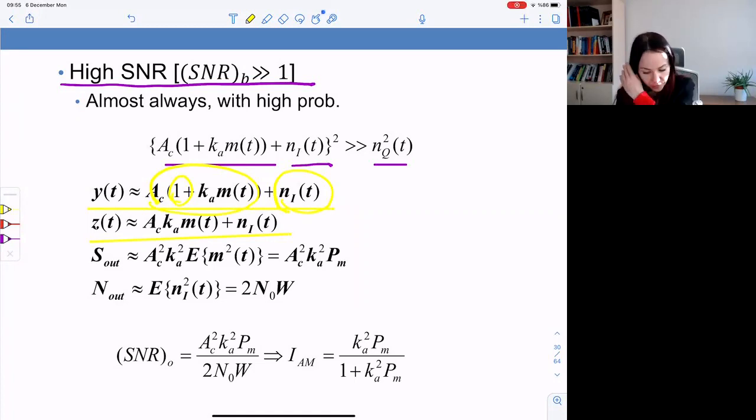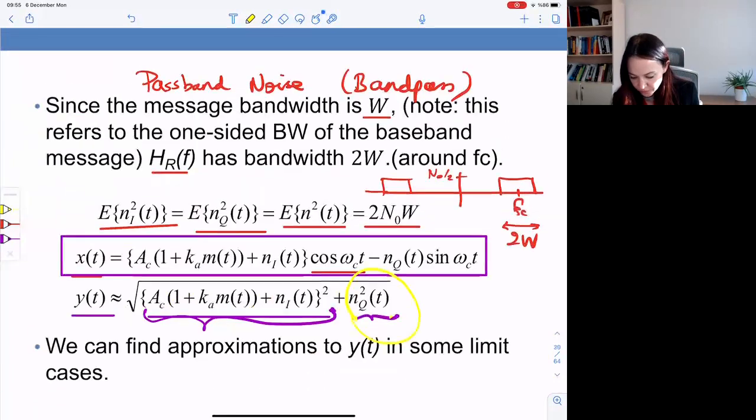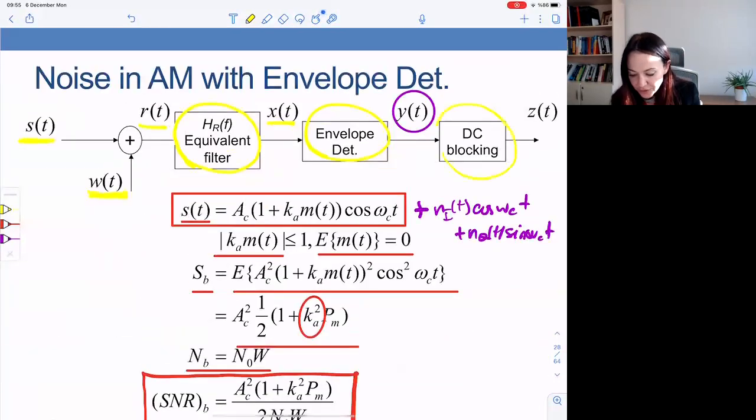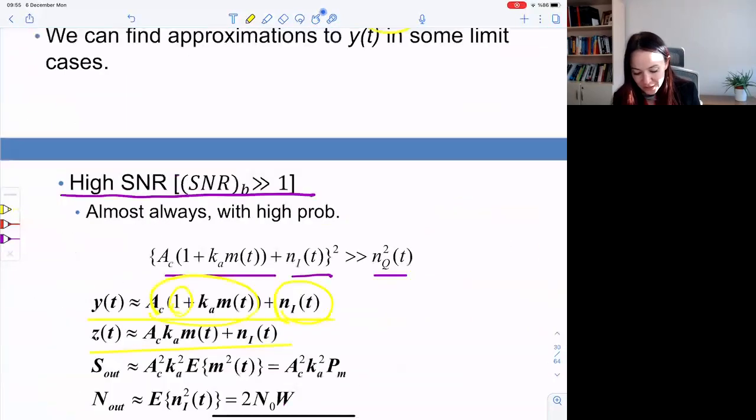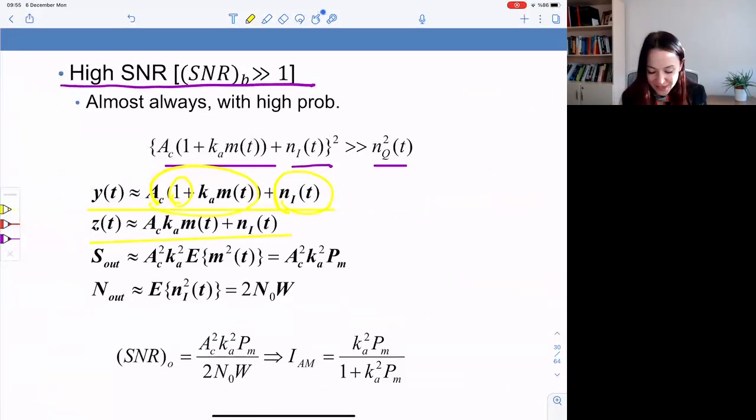Okay, so, oh, one moment. This is after the DC blocking, so I take that back. That's because of the DC blocking, because we're trying to detect the signal.